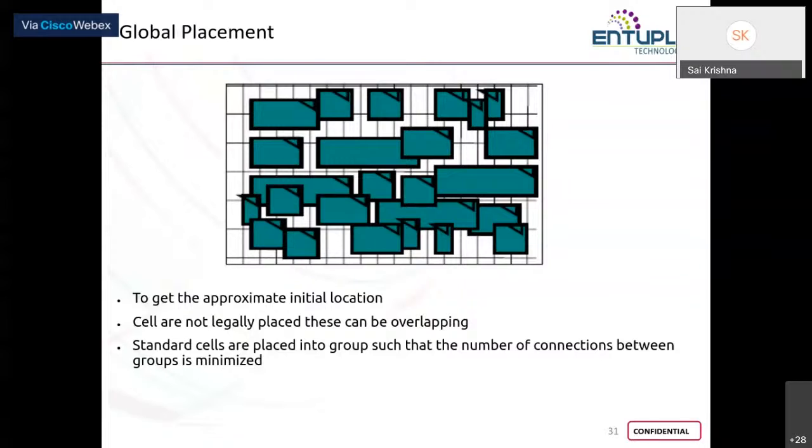I repeat, if the outputs of two OR gates are given as inputs to an AND gate, then the net length between them should be as small as possible. Else, the wire delay increases. That could affect the data propagation at any sequential cell.